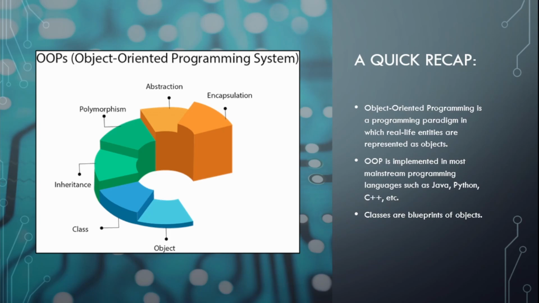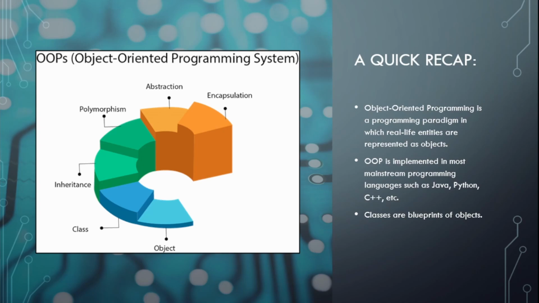So object-oriented programming, what is it? It's a programming paradigm in which real-life entities are represented as objects. Object-oriented programming is the mainstream form of programming these days.